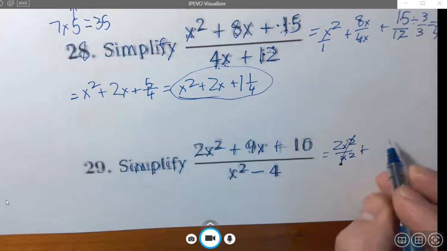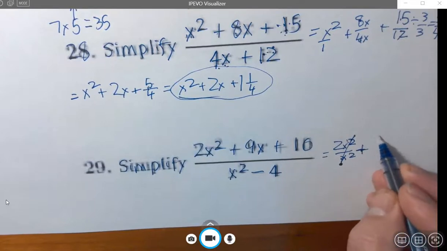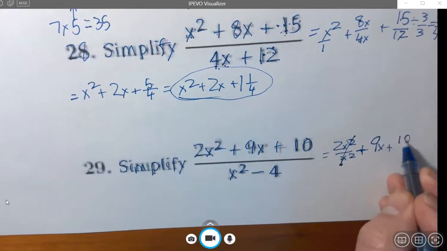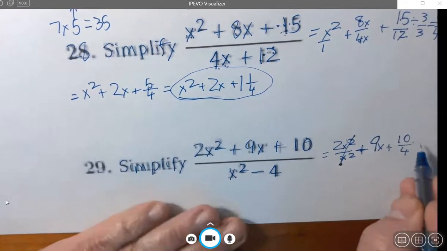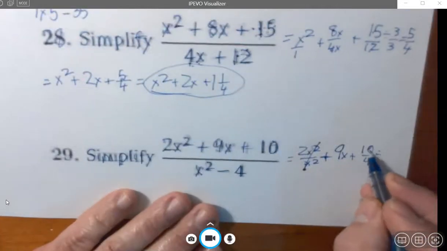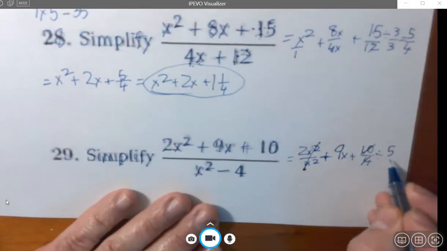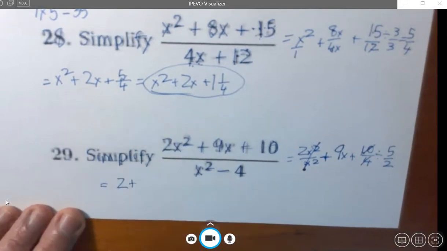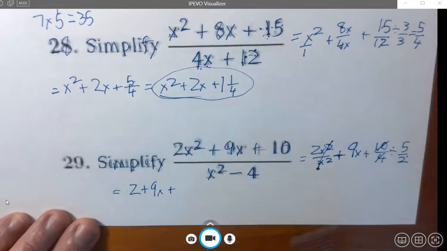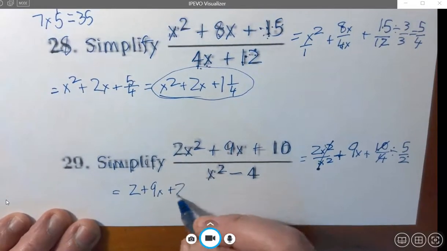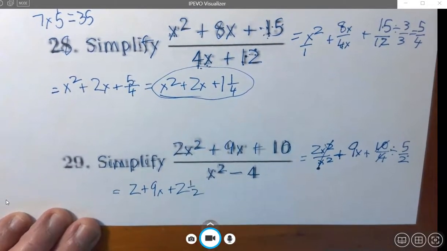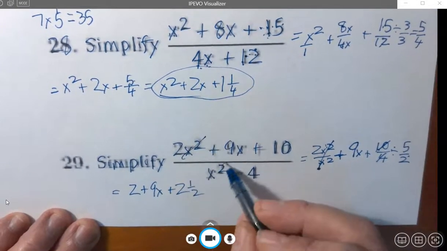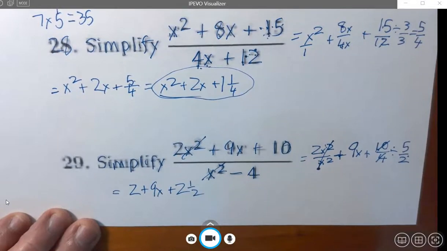Okay, next I have a 9x, just say it's over 1, and then I have plus 10 over 4. 2 would be a common denominator here, so this can be factored out into 5 halves. So let's come over here and rewrite that. I have 2 plus 9x plus, now take that 5 halves, that's actually 2 and 1/2. So I simplified it again. This is quite common when you see the same thing top and bottom, they can be eliminated like that.